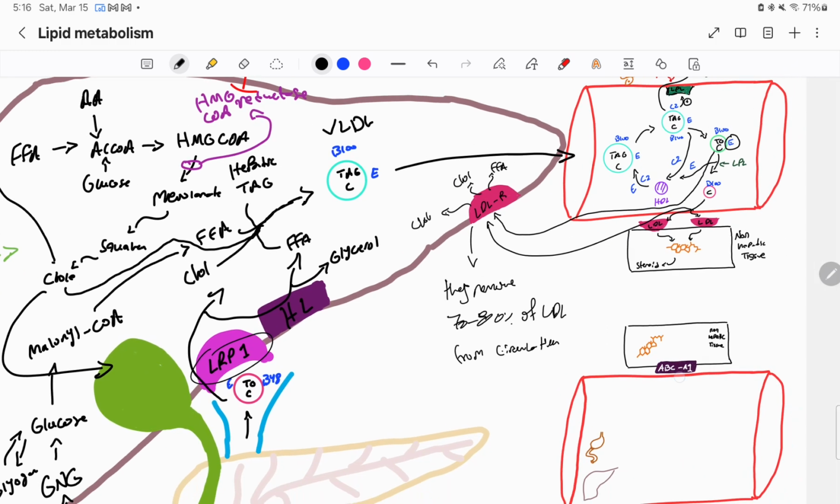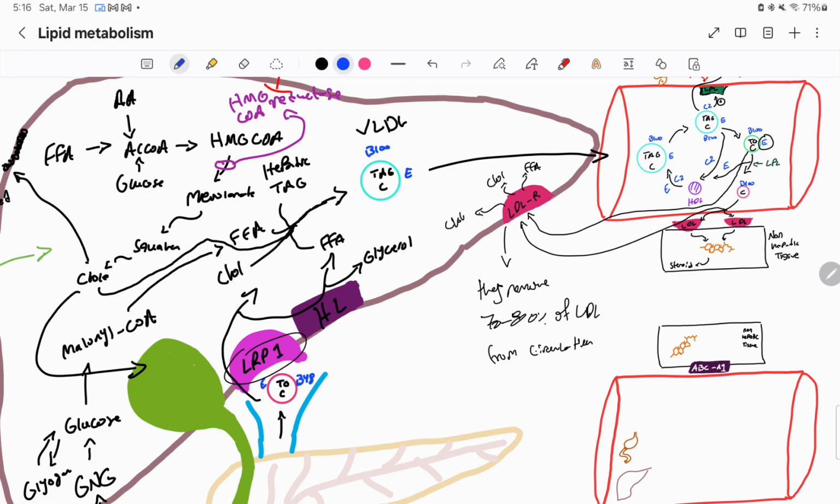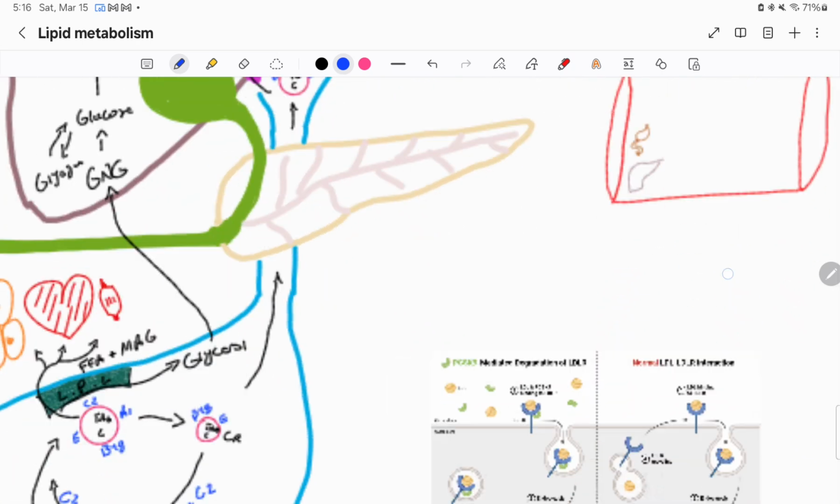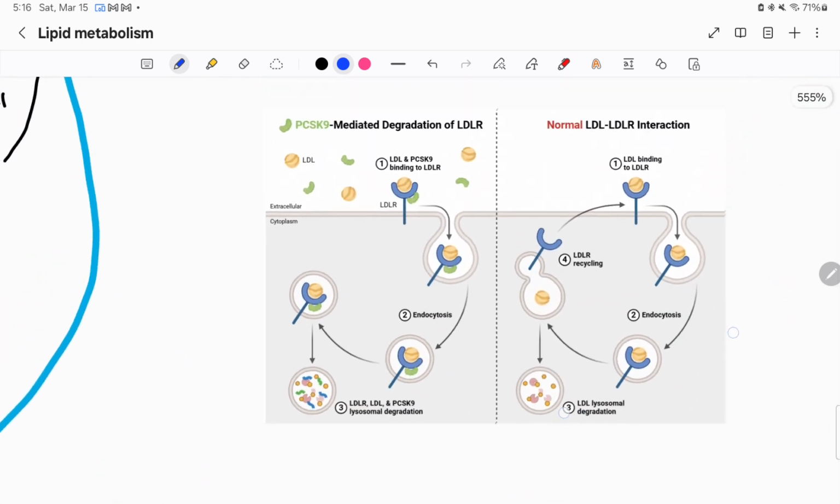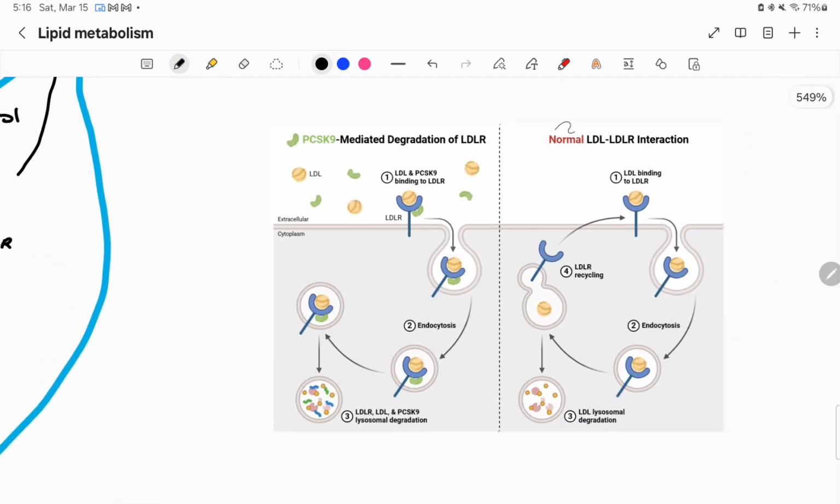Either way, that's that. Now, very briefly, guys, let's take a look at the interaction that occurs between the LDL molecule and the receptor, okay? So I've gone ahead and made this image here for you guys. And now over here, you can see the normal LDL and LDL receptor interaction, okay? So first things first, the LDL particle will bind to the LDL receptor here in blue, okay? And here's the LDL particle. After it does that, it will get endocytosed inwards, okay?